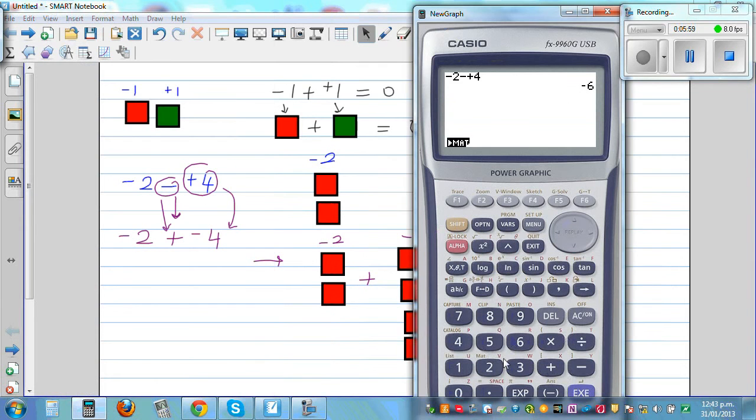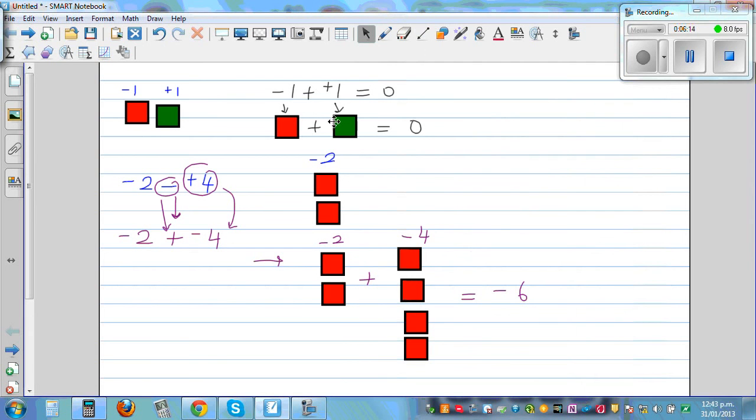Or if you type negative 2 plus negative 4, it also equals negative 6.